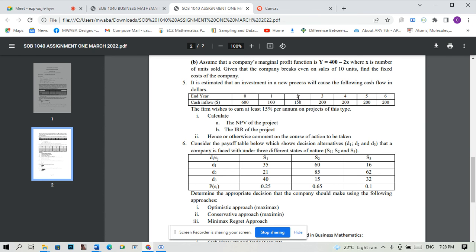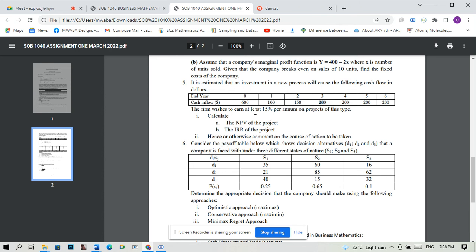At the end of year two, $150. The end of year three, $200. The firm wishes to earn at least 15% per annum on projects of this type. Calculate the net present value.